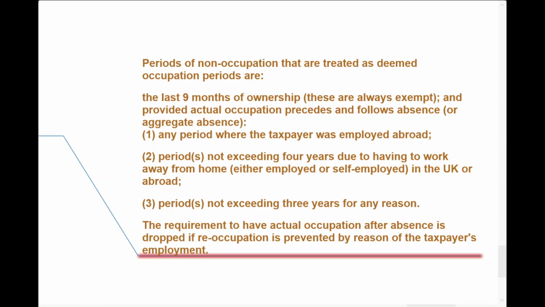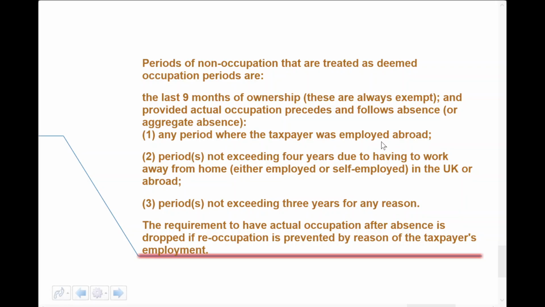They'll always be preceded, but not always followed. So think about it. If number one is in play, and our guy, Tom, goes to work in 1997 to America for a couple of years, and then doesn't reoccupy the property, then that deemed occupation period does not count. It's not in play. It's not a period of deemed occupation.